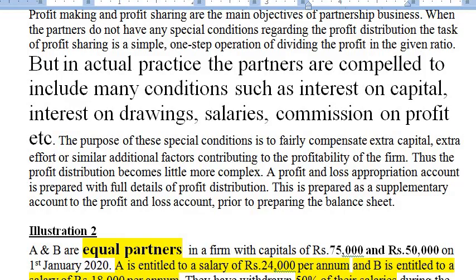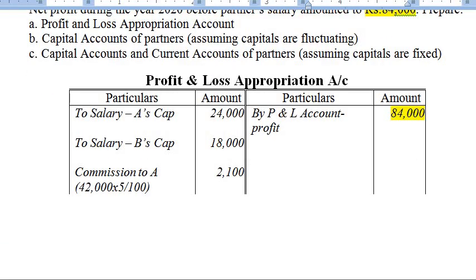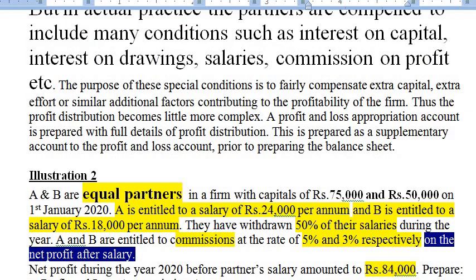So we will open an account called profit and loss appropriation account. This is actually part 3 of the income statement. Trading account, profit and loss account, profit and loss appropriation account, and then we go to the balance sheet. Okay, so this is an extra statement prepared at the end of the year after the profit and loss account.